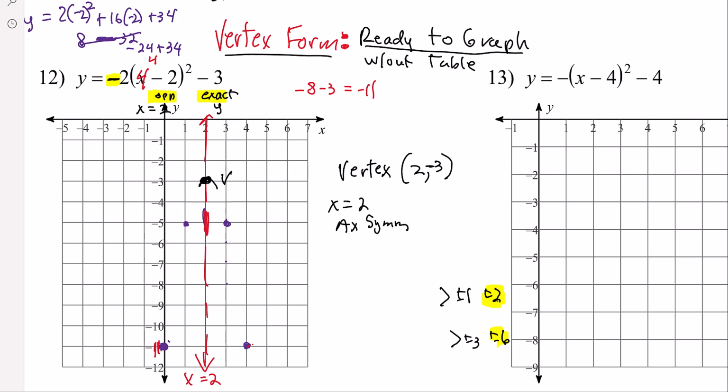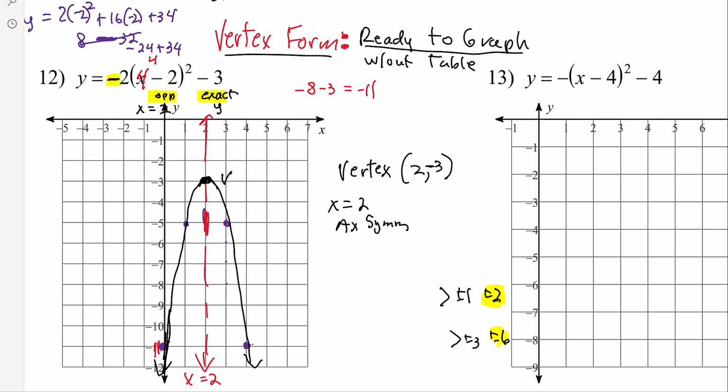So, using the pattern method, and there was no table. So, this method, notice this says negative 3 right there. When it's in vertex form, that's not where it crosses the y-axis. So do not mistake that.